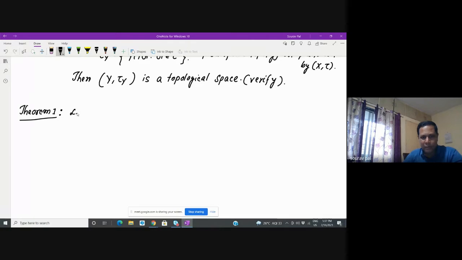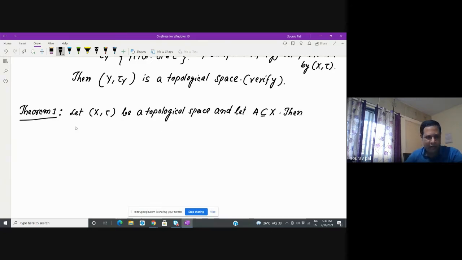So let us have a topological space, and let A be a subset of X. Then we have the following.